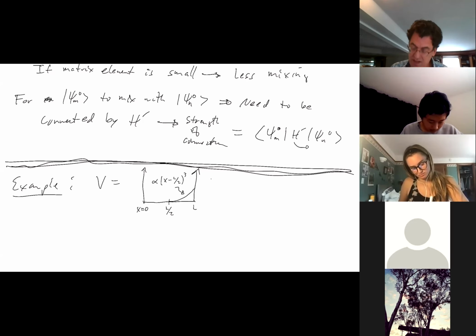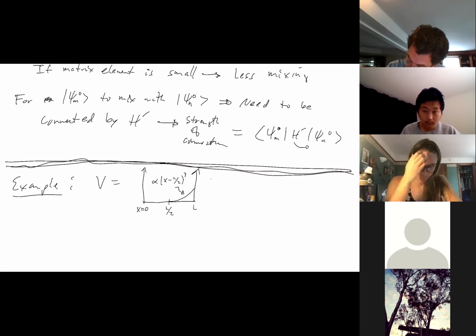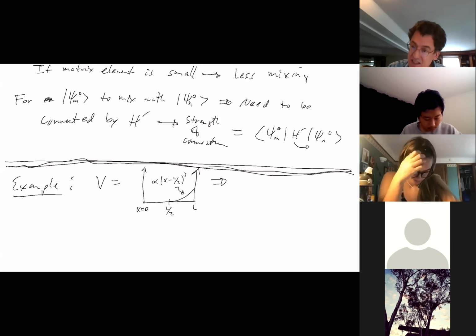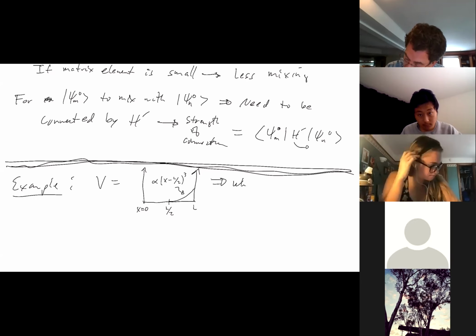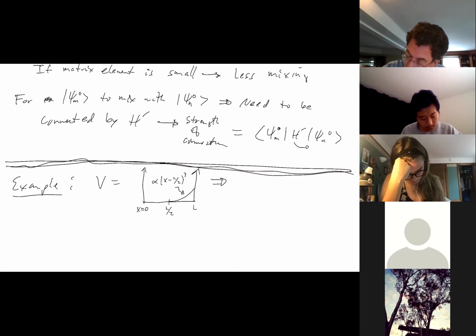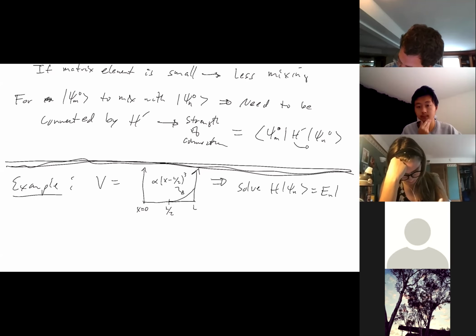That's the potential that I'm giving you. And I'm asking you, what are the eigenstates and eigenenergies? Basically, I'm asking you to tell me all the eigenstates and eigenenergies. I'm basically saying solve the Schrodinger equation. Solve it.